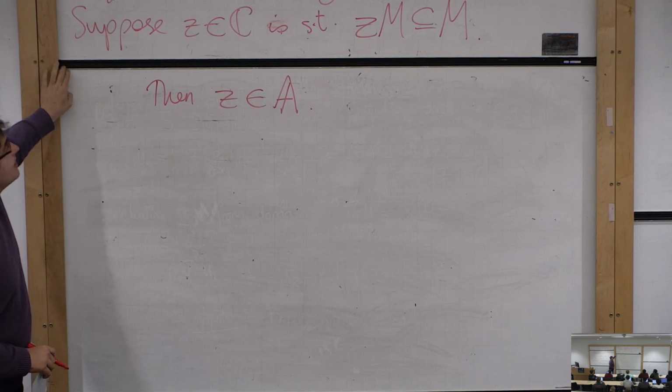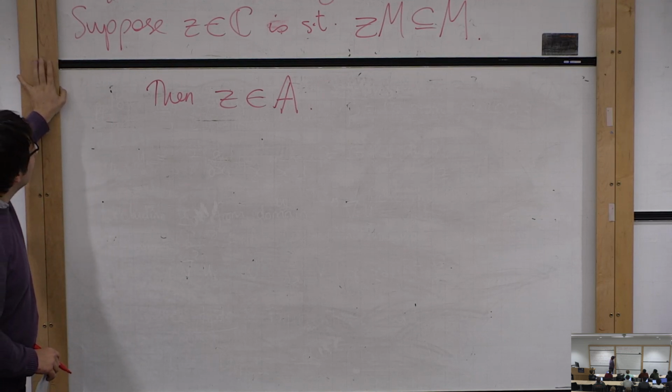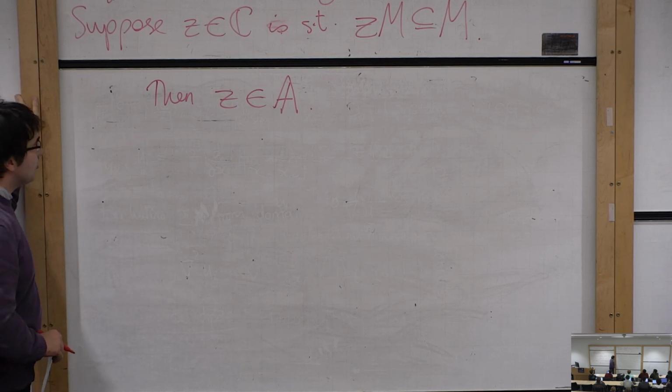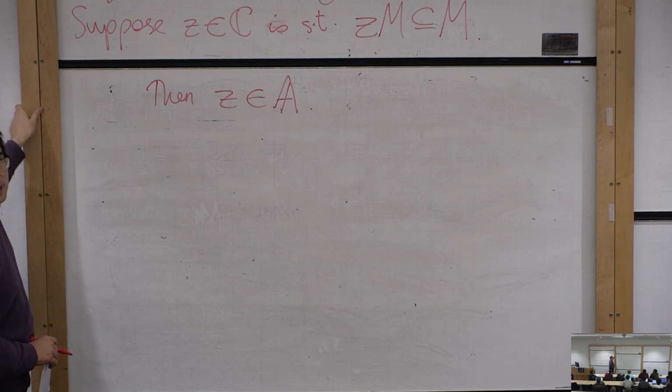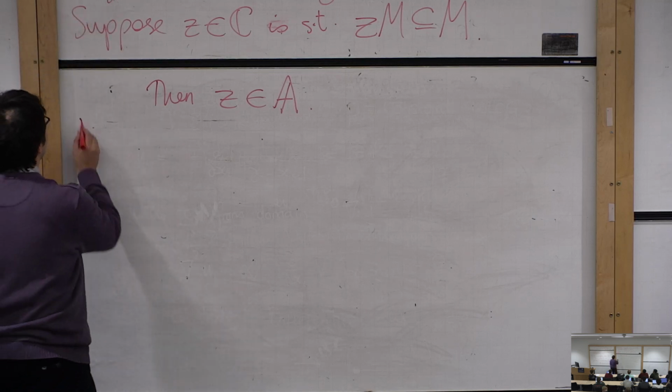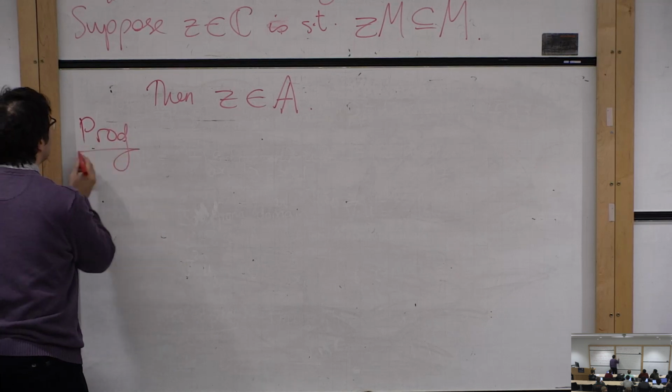Proof is rabbit out of the hat. Okay, where do we get this monic, integer coefficient polynomial from? So it's going to be a characteristic polynomial of a matrix. This is a very important proposition. Let's do it.